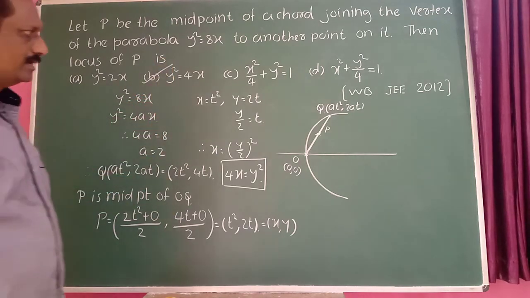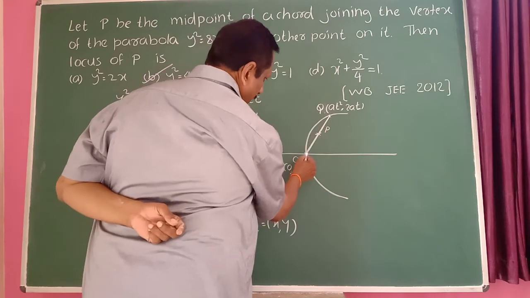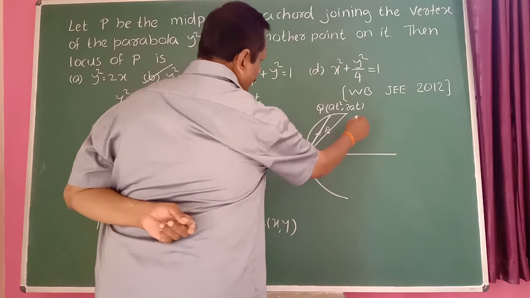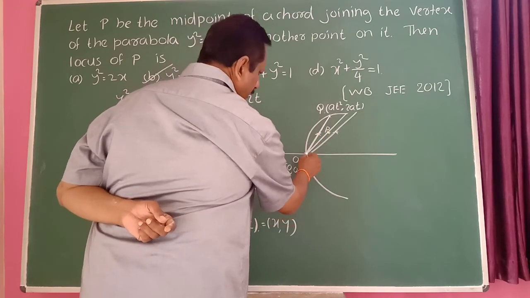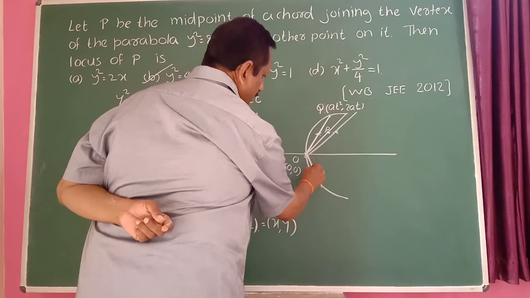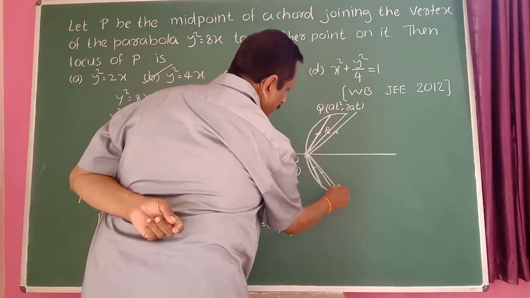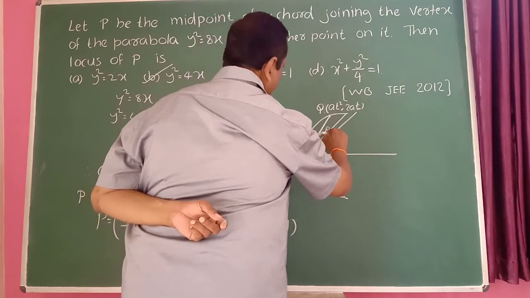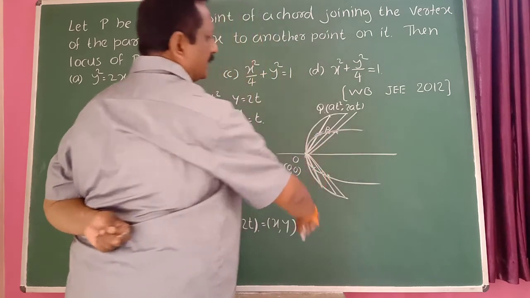The meaning here, so this is a chord here, then this is a midpoint. Similarly, suppose that this is a chord, then this is the midpoint. Like that, there are so many chords here, each with its midpoint. If we join all the points here, we get a curve here. Then this is also a parabola.